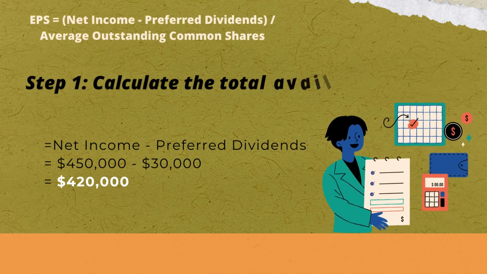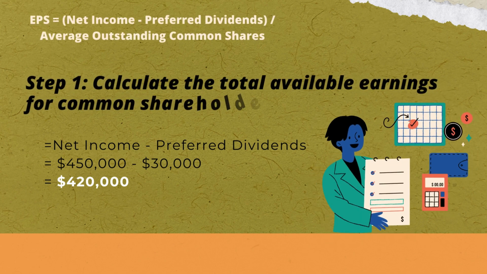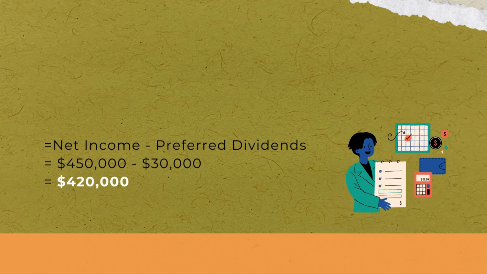The formula for earnings per share is equal to net income minus preferred dividends divided by its average outstanding common shares. First, we have to calculate the total available earnings for common shareholders. It is net income minus preferred dividends. $450,000, which is the net income, minus $30,000, which is the preferred dividends, and that would be equal to $420,000.